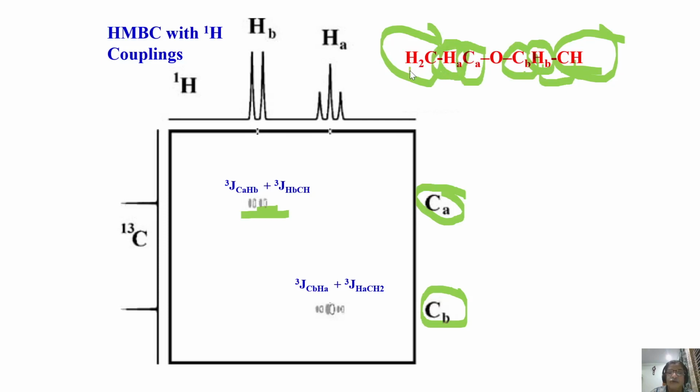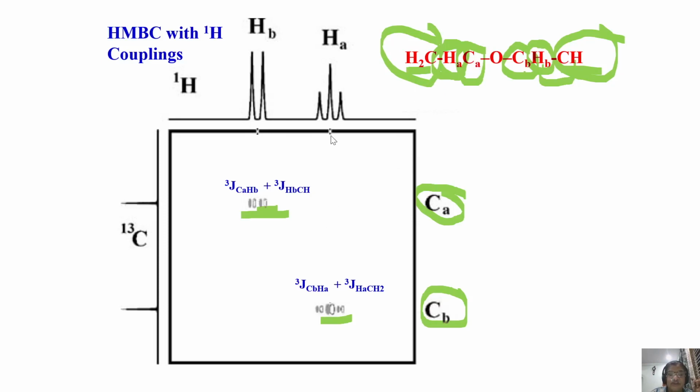And now come to the extension part. Now carbon B gave a correlation peak at proton A. What is happening to proton A at the site of carbon A? It is split into a triplet because of these H2 protons. As a consequence, what is going to happen?